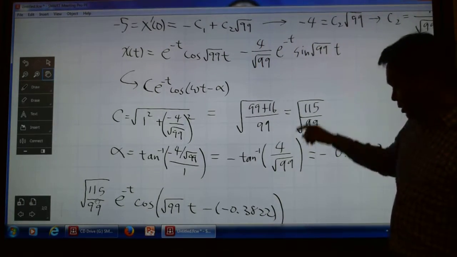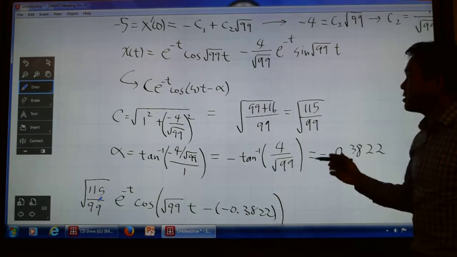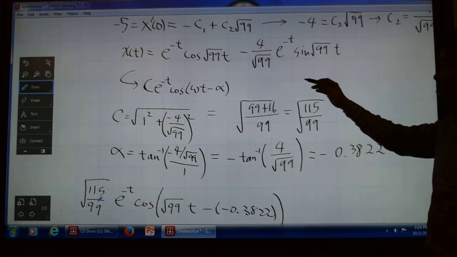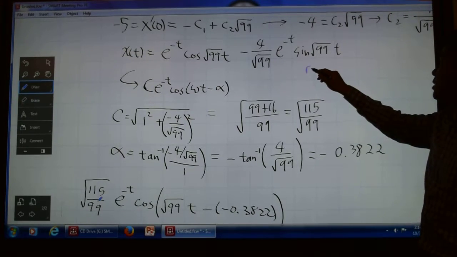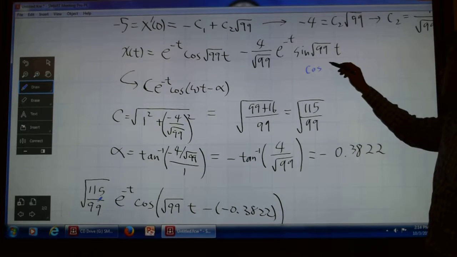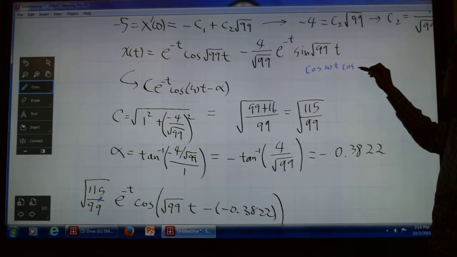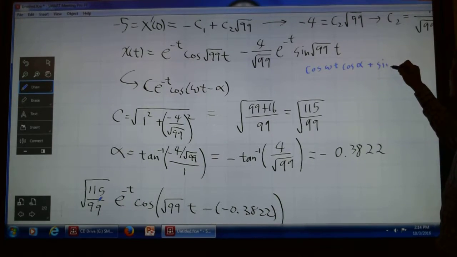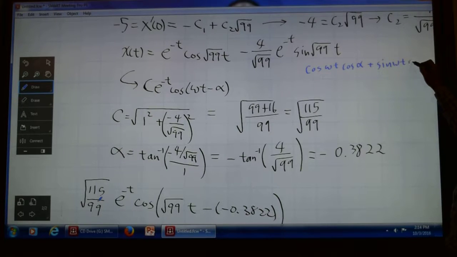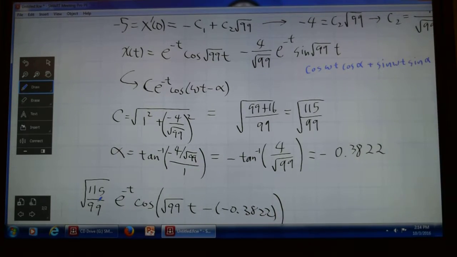Because the way we put these two functions into a single function is, I already went over that a few lectures ago, but basically the idea was to use the following formula: cosine omega t times cosine alpha plus sine omega t times sine alpha. This is actually the cosine sum formula.